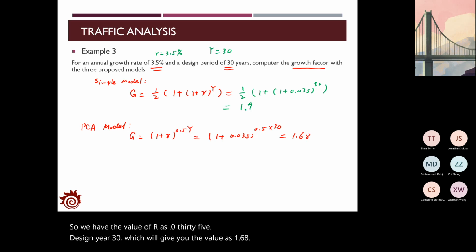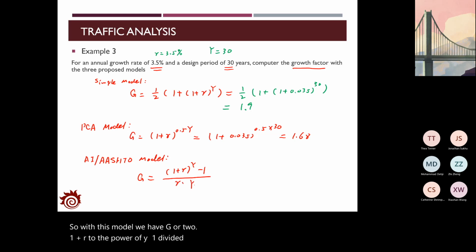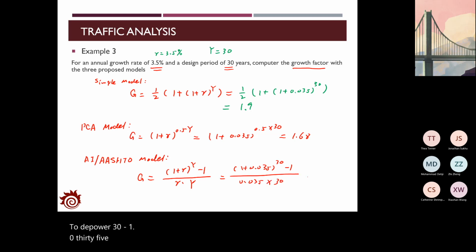And we also have the last model, the third one, the AI and AASHTO methods. With this model, we have G equals ((1 plus R) to the power of Y minus 1) divided by (R times Y). So that is ((1.035) to the power of 30 minus 1) divided by (0.035 times 30). It will give you the result as 1.72.